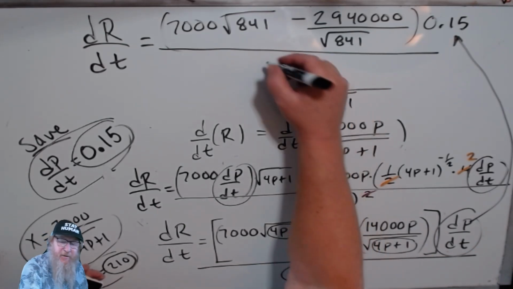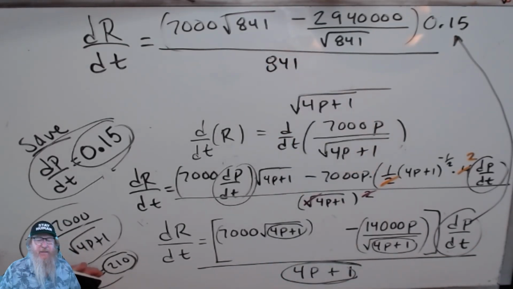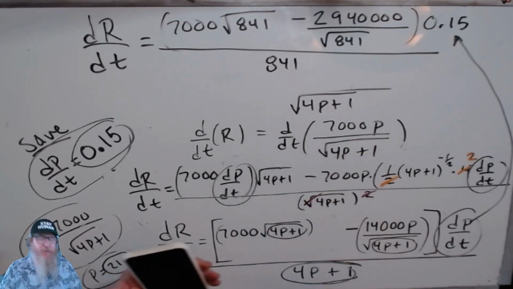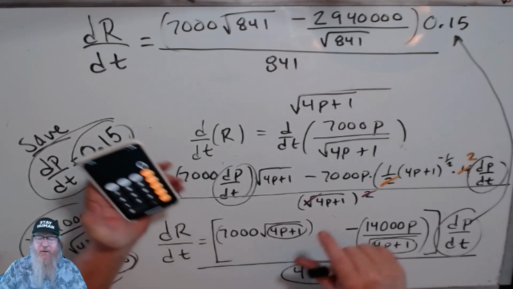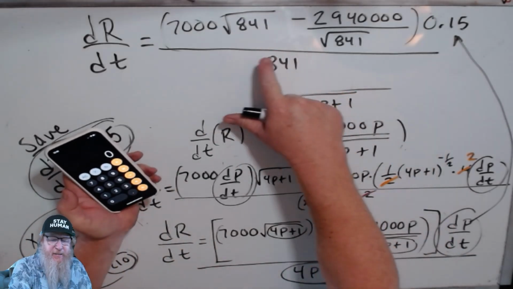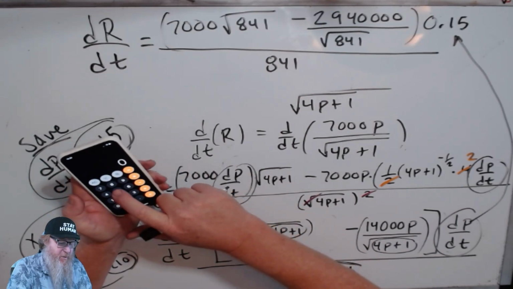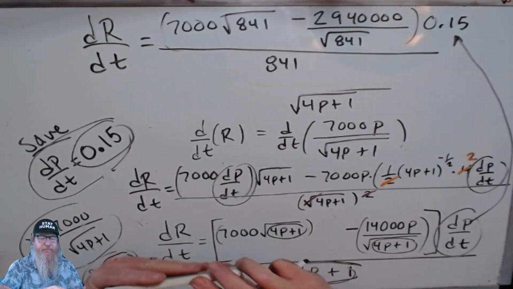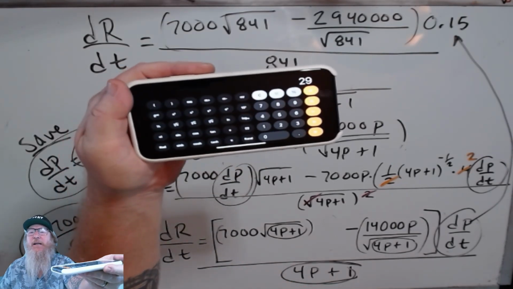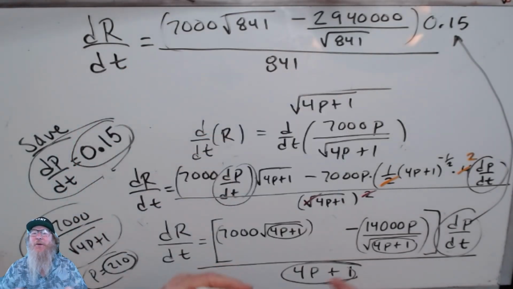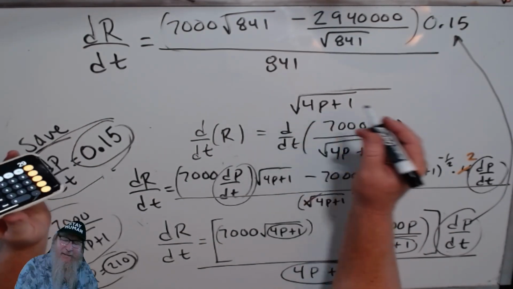It's just 841. So it's all numbers now. And this number tells me the rate at which revenue is changing. So I don't know where to start. I guess square root of 841, I guess. Oh, nice. I couldn't have planned that any better. Square root of 841 is 29.